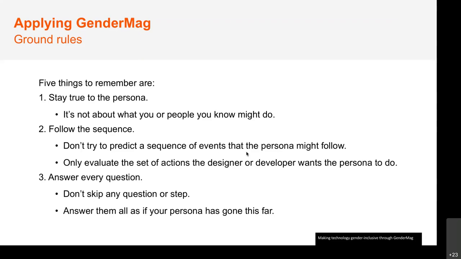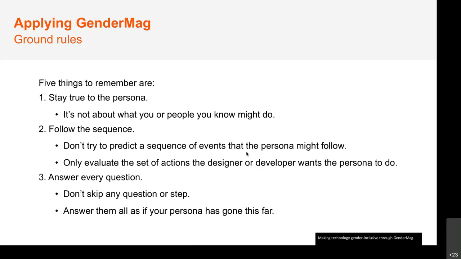So don't try to predict a sequence of events that the persona might do. It's actually what you or a designer or a developer wants the persona to do. So you have designed the user interface. There is a certain path through the interface, and that is what we're evaluating. We want to answer every question because every question gives us a bit more information along the way of how far they would have come and where the problems are.